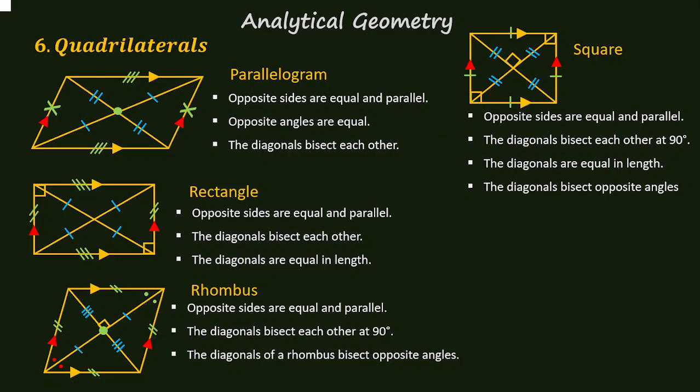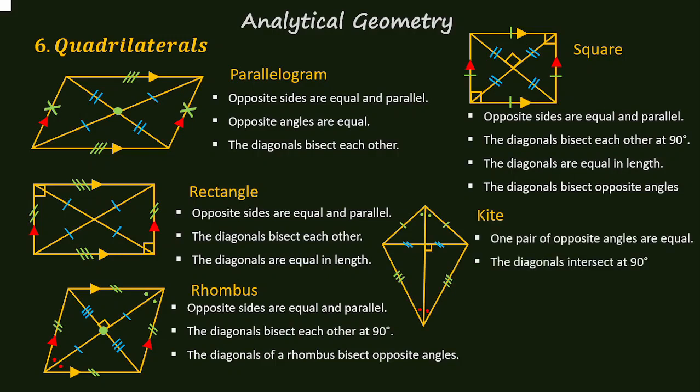So now let's look at a kite. What is noticeable here is that the longer diagonal bisects the shorter diagonal at an angle of 90 degrees. So this shorter diagonal doesn't bisect this one, right?